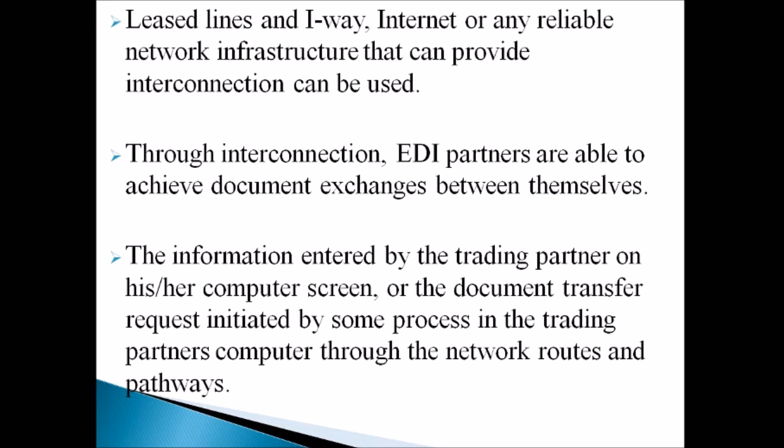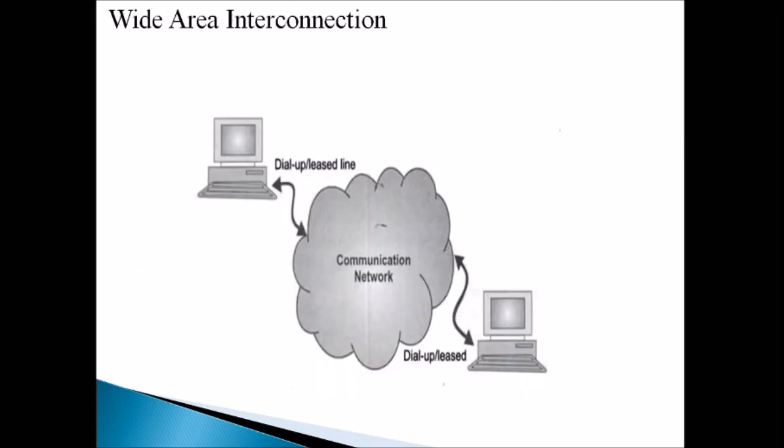Through interconnection, EDI partners are able to achieve document exchanges between themselves. The information entered by the trading partner on their computer, or the document which is ready to transfer, can be processed in the trading partner's computer through the network routes and pathways. This is the representation for the wide area interconnection.